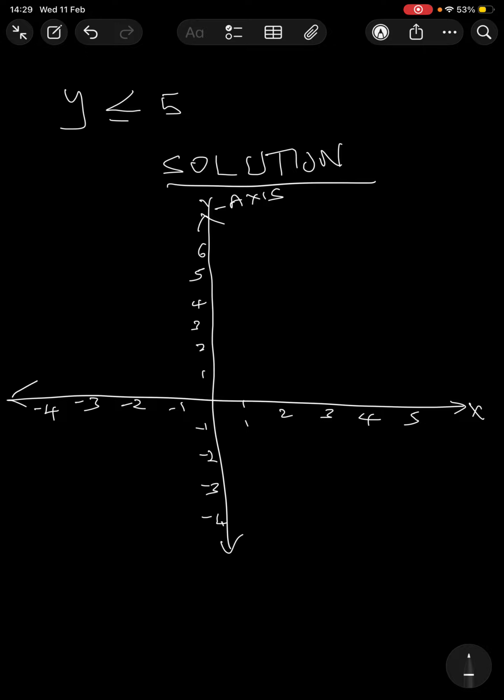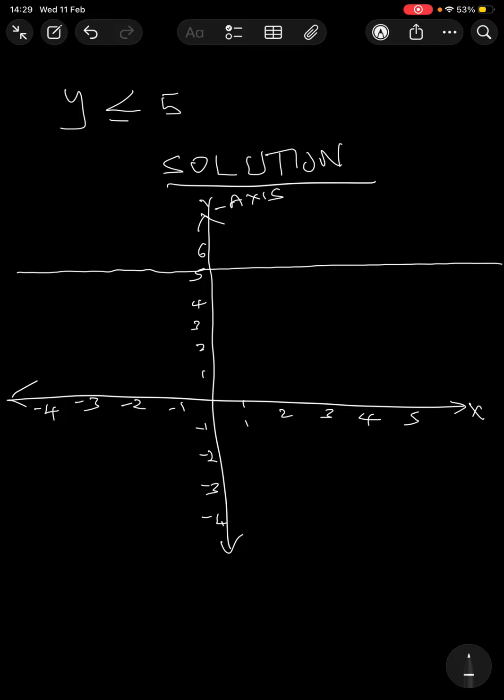As you can see, y is less than or equal to 5. And I said less than or equal to, we normally present it by a continuous line. The value of y is 5, so you draw a continuous line.